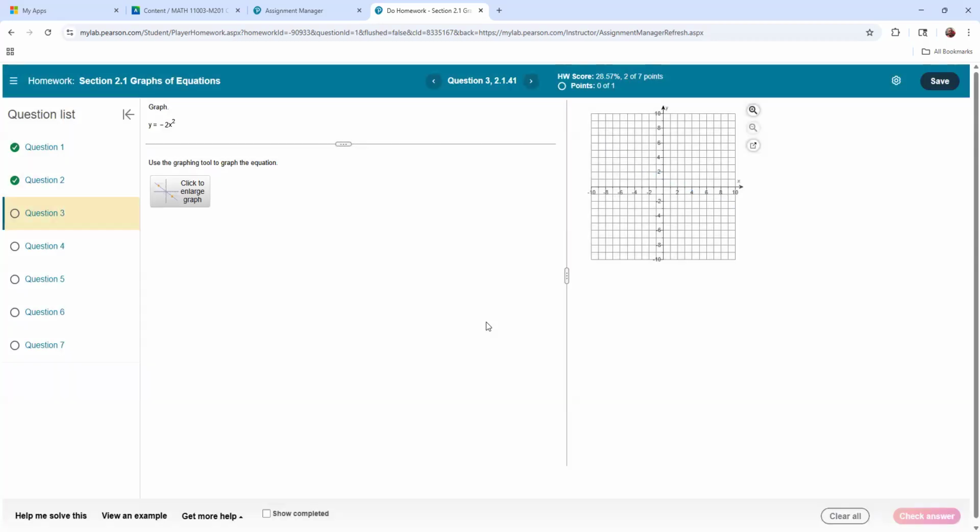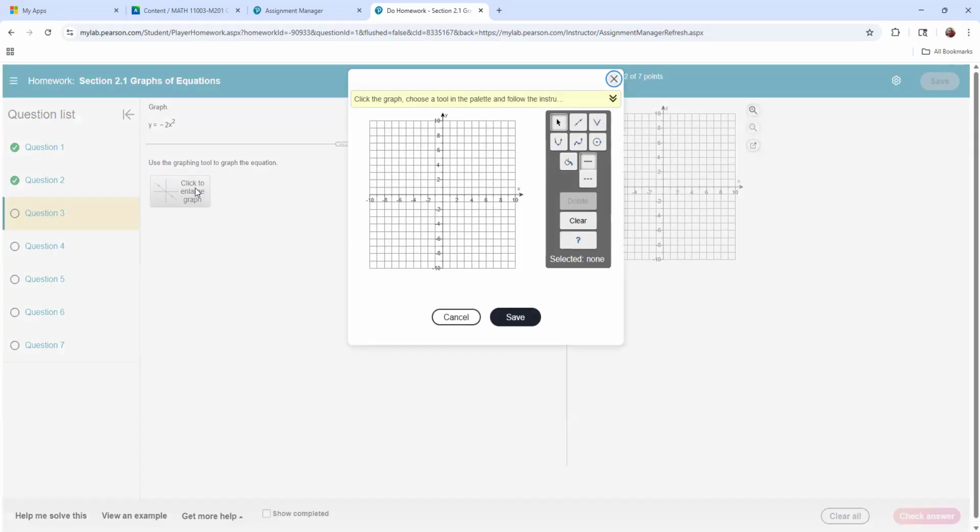All right, so now we'll get into graphs that are not straight lines. So I got y equals negative 2x squared. So I'm just going to pull up this. So on this one, when you got an x squared, y'all, this is going to be the U-shaped parabola. And if I click on that, it says 3-point quadratic tool. That's what we're going to use on this graph, okay? So let me go back to my paper.